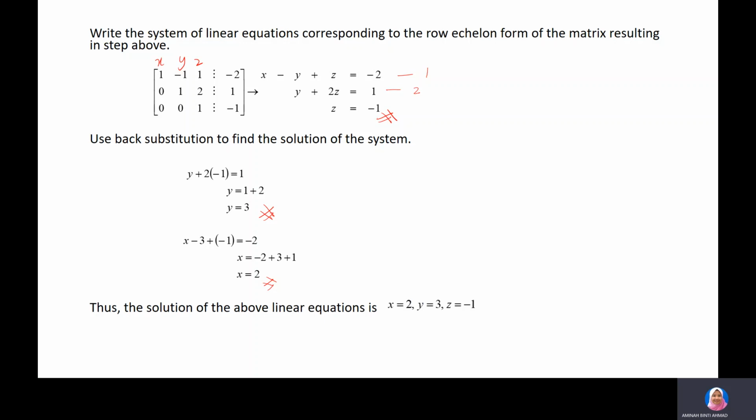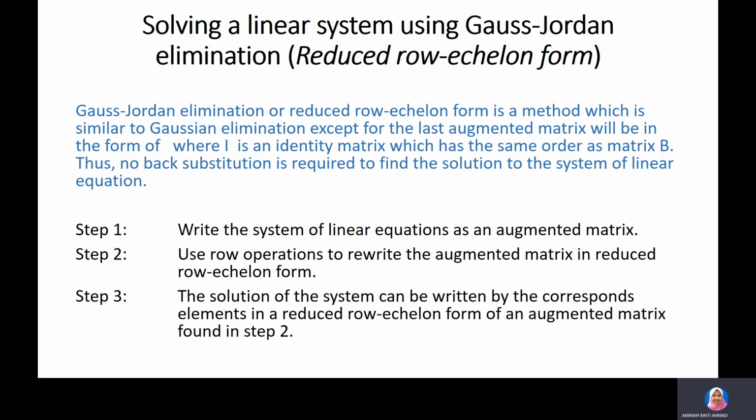So another method to solve linear equations is by using Gauss-Jordan elimination, which is also called reduced row echelon form.